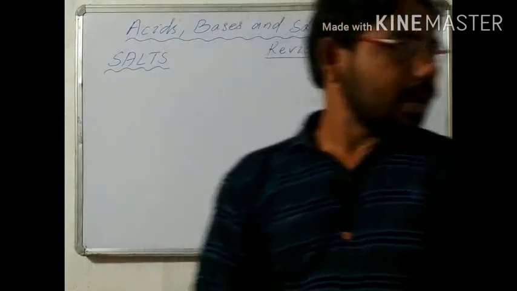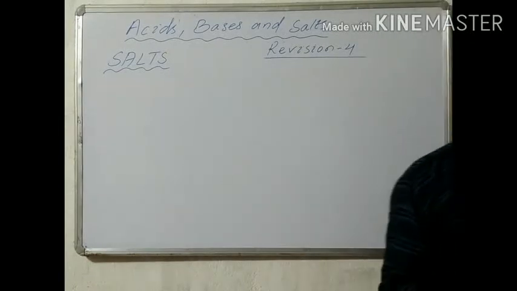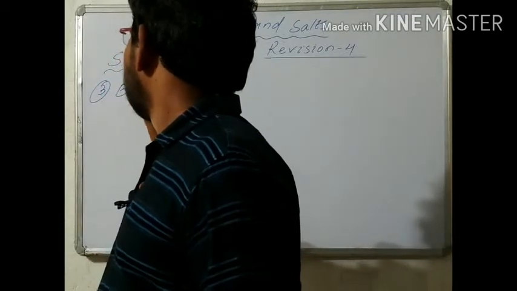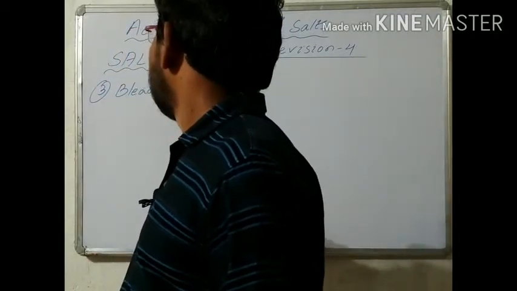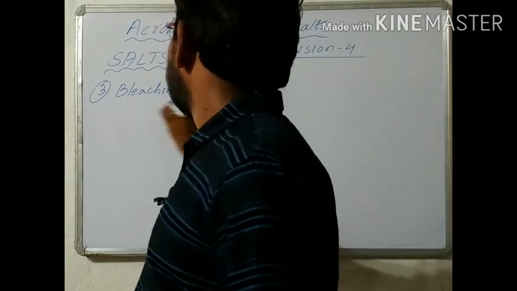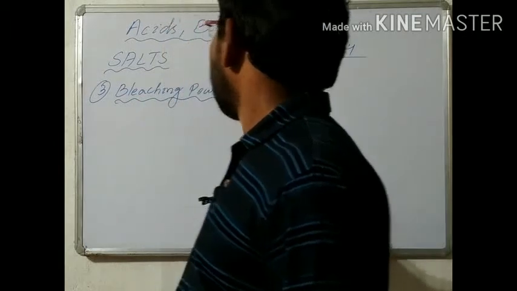Next, the third type of salt is bleaching powder. It is a most important salt.